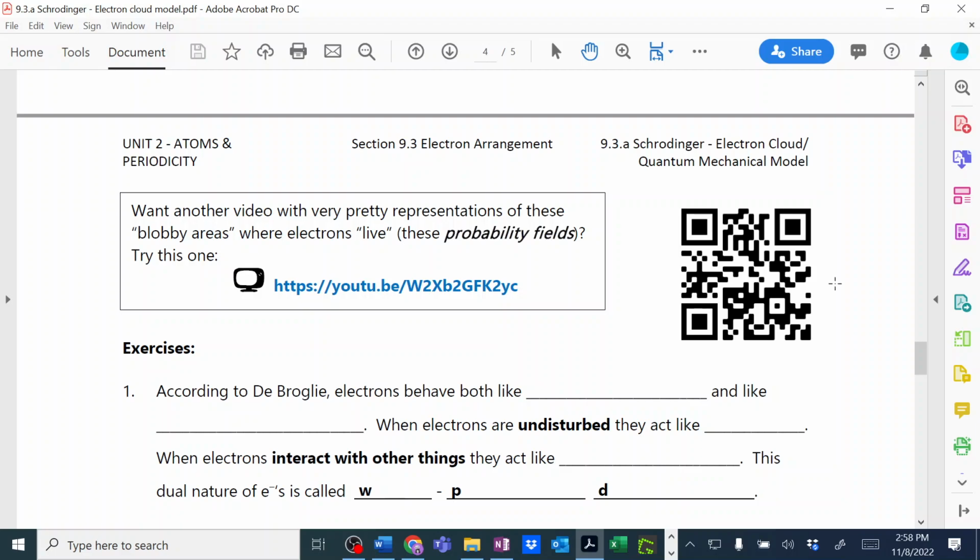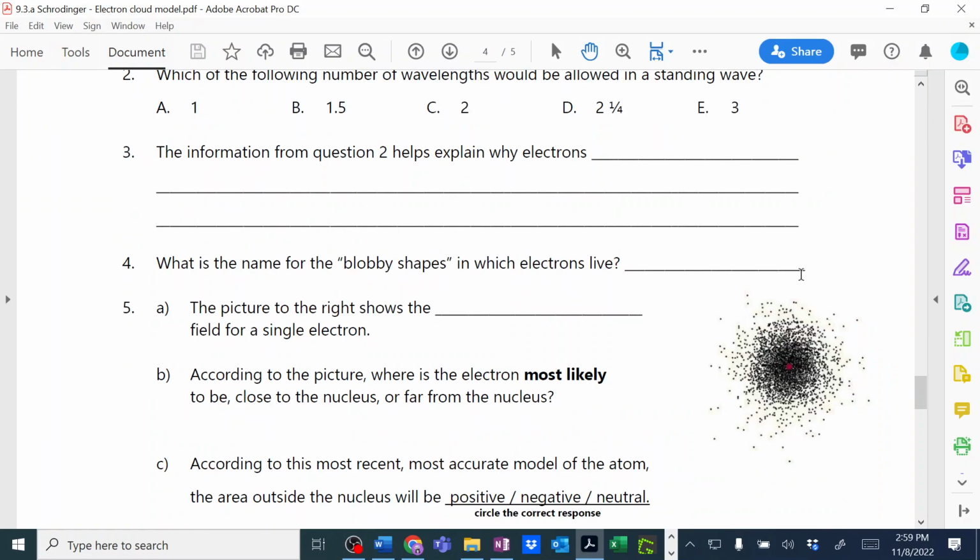What is 6.5? I'll put the homework on Teams.